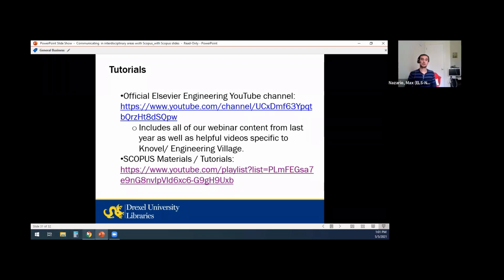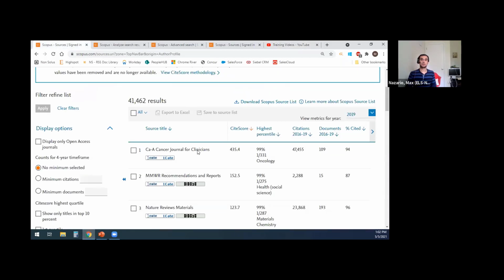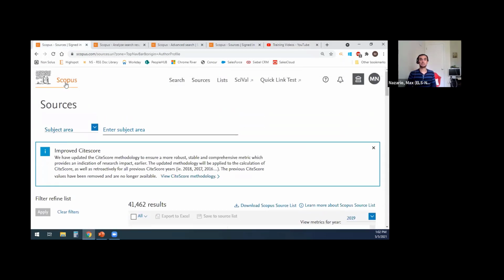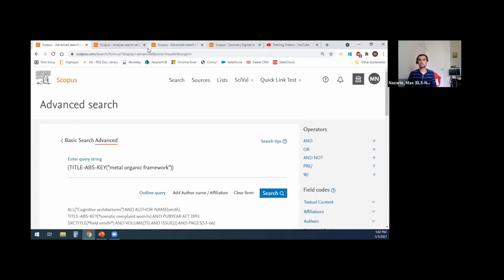So there are a variety of strategies that you can use for that. Ultimately, the results that you get from Scopus are going to depend on the quality of the term that you put in. So when you're doing that search, you'll want to make sure your search term is as specific as you need it.